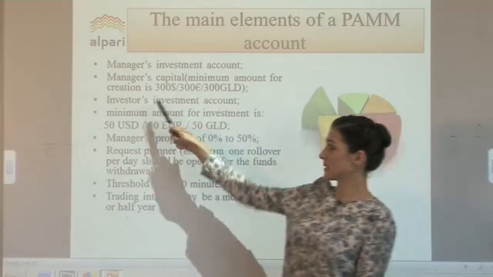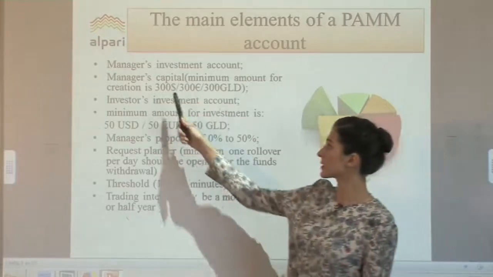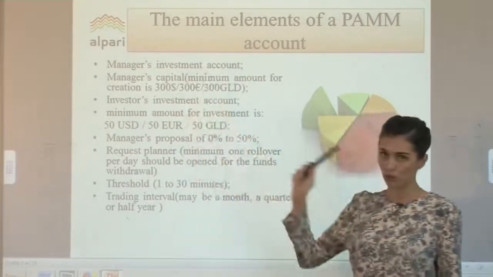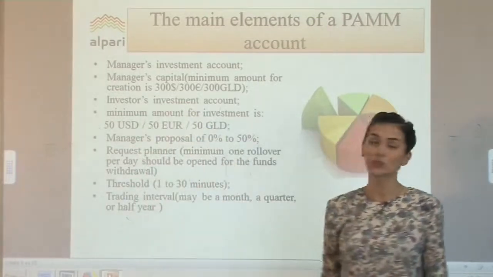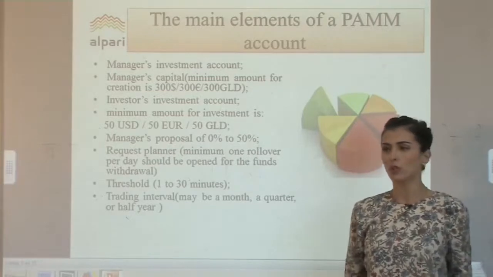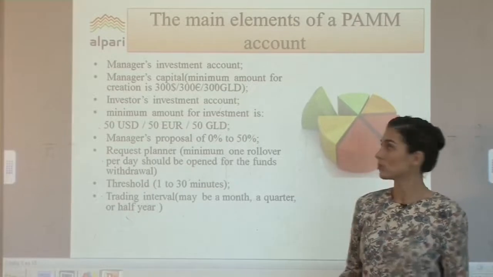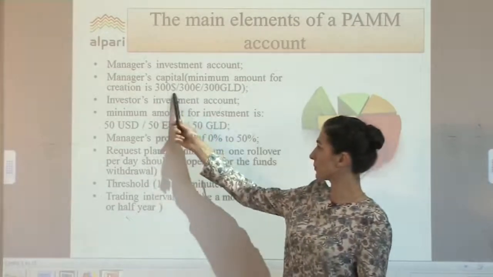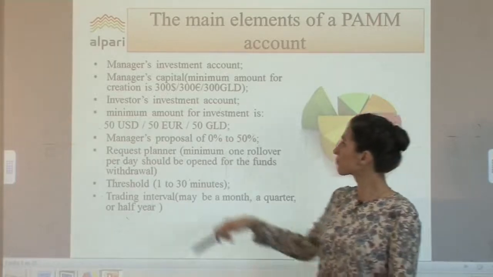The manager's capital is the base of the PAMM account in general, and the minimum amount for opening a PAMM account is $300, 300 euro or 300 GLD, depending on the manager's decision, which currency is interesting for him.